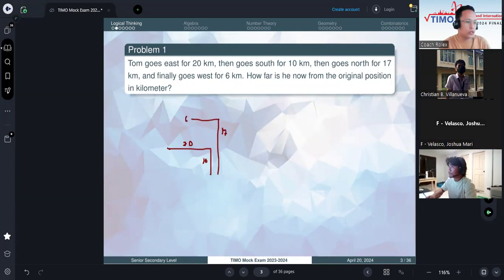So all you have to do is to pair it either horizontally and vertically and use the distance formula.